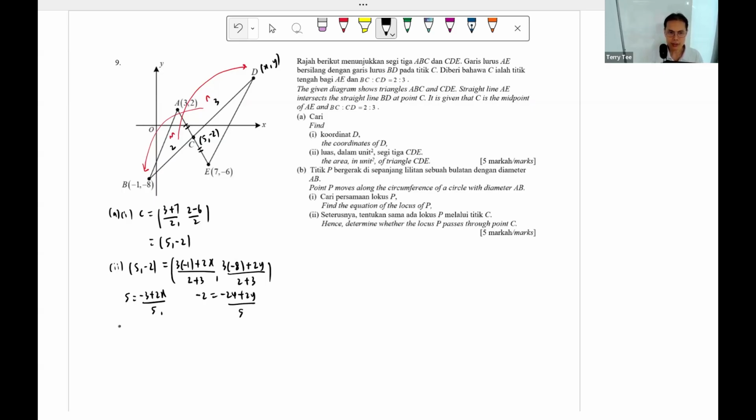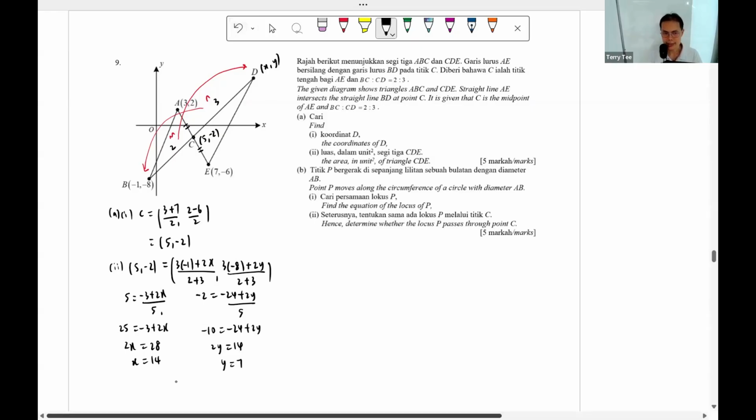So when you multiply over, this is 25, 25 plus 3 is 28. 28 divided by 2 is 14. Minus 10 is minus 24 plus 2y. 2y is 14. 14 divided by 2, y is 7. So therefore, what's your coordinate of point D? Answer 14, 7.